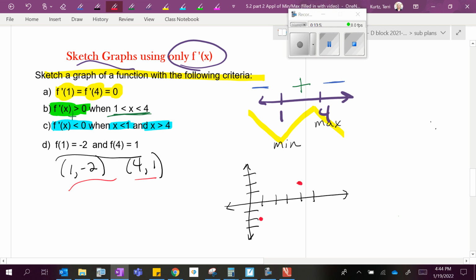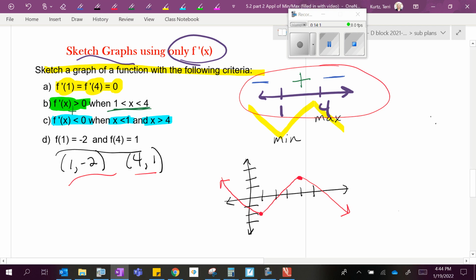And we can use our increasing and decreasing to connect the dots. So we know it's decreasing until it gets to 1, then it's increasing, then it's decreasing. So presto, we have a little graph. Again, we don't ever know the equation, but we can sketch the graph just using that information.